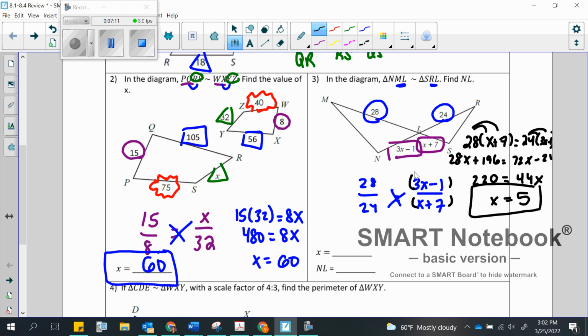So a lot of algebra there, but as long as you set up your proportion correctly and take your time solving using parentheses, you will be okay. So x equals 5, and then we can find NL just by plugging in x. So 3 times 5 minus 1. And I'll put this here so that you don't forget. So NL is 14.